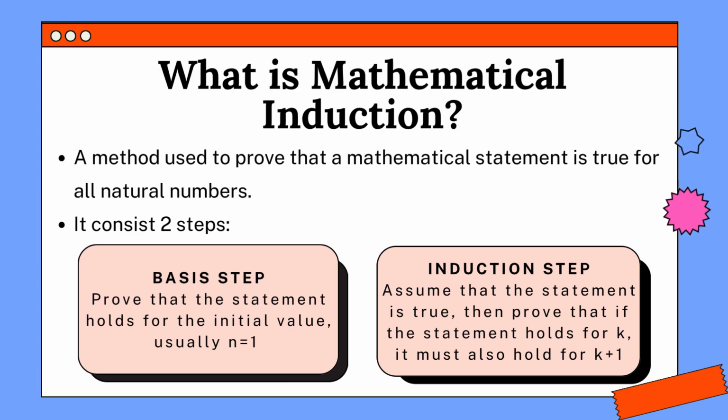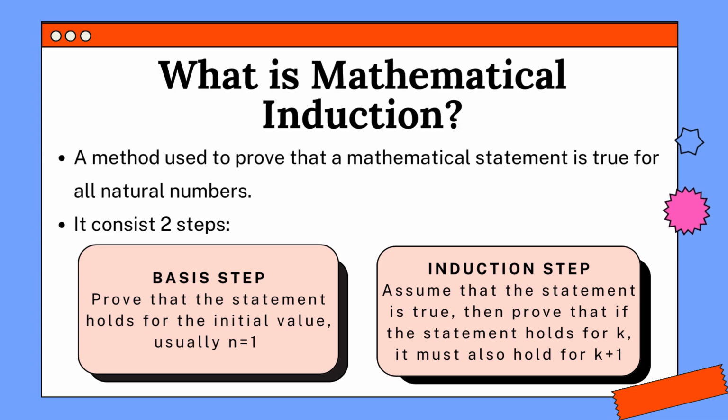That's a great analogy. To carry out a proof by mathematical induction, it consists of two main steps. The first is the basis step, where we prove that the statement holds true for the initial value, usually when n equals 1.